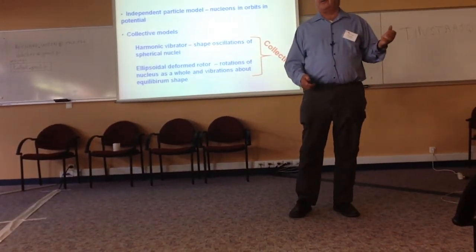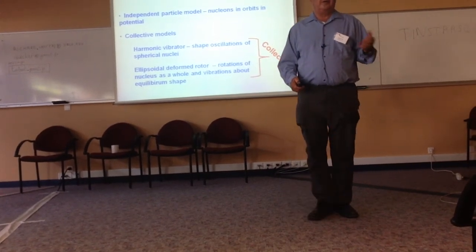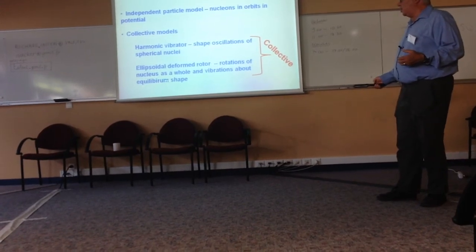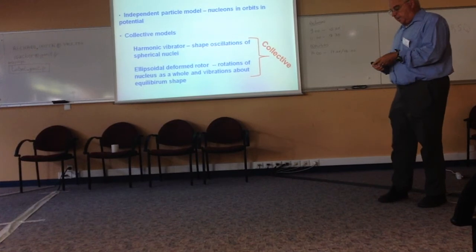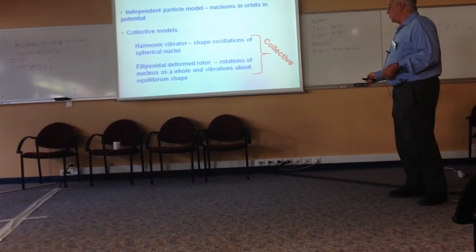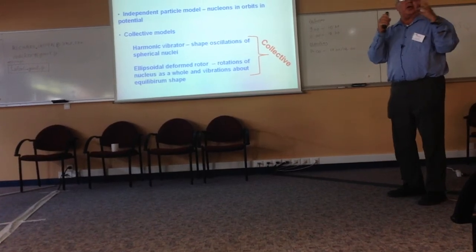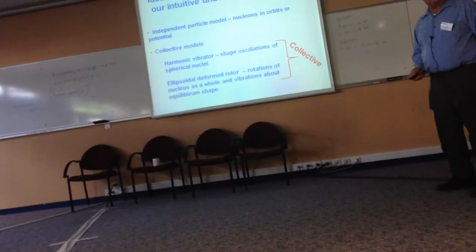All of you know what an American football looks like? Anybody not? Okay, so it looks roughly like an American football. And since it's non-spherical, it can rotate. It can also vibrate, and so you get both of those kinds of excitations superimposed on top of each other. These two are collective models. They involve things going on in the nucleus as a whole, and this is a nucleon-based depiction.